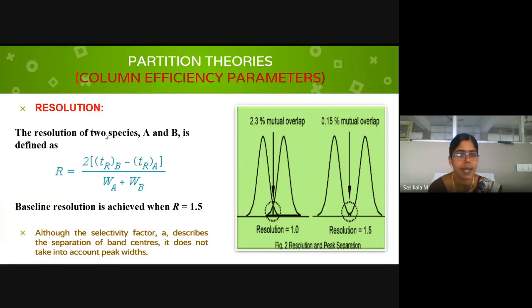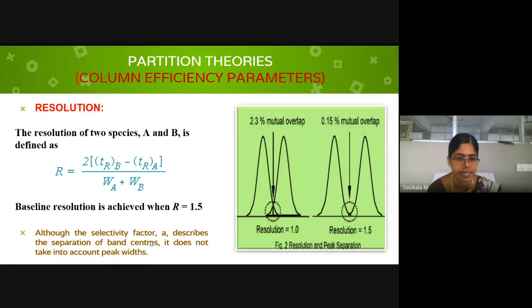Next, the last parameter is resolution. It is the most important parameter, resolution. And the resolution value should be 1.5 to get baseline separation. It is also like the selectivity factor, but it is not the same as the selectivity factor.